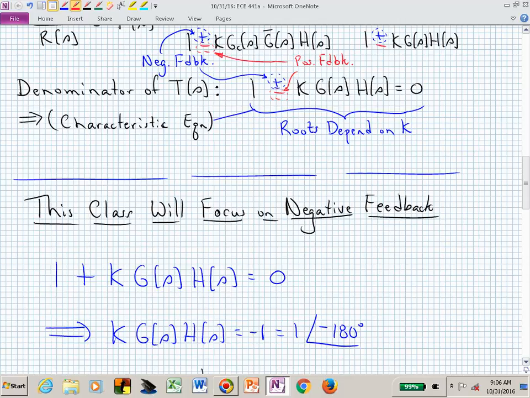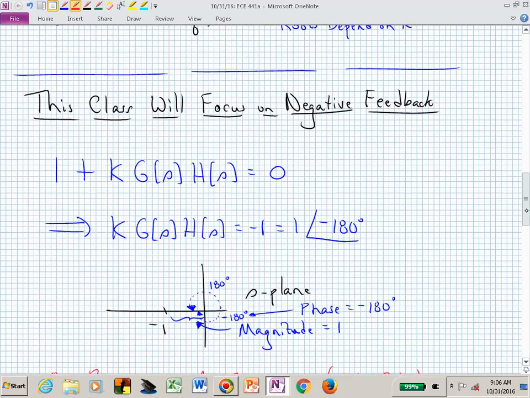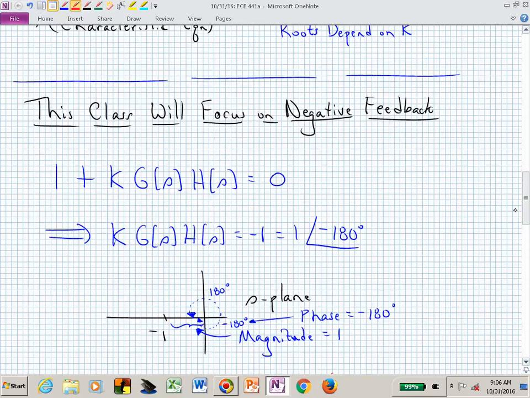We have a magnitude condition: the magnitude of k g of s h of s needs to be 1, and that will determine where our roots are. And k g of s h of s has to have a phase of minus 180 degrees. Those will give rise to our rules for sketching the root locus.